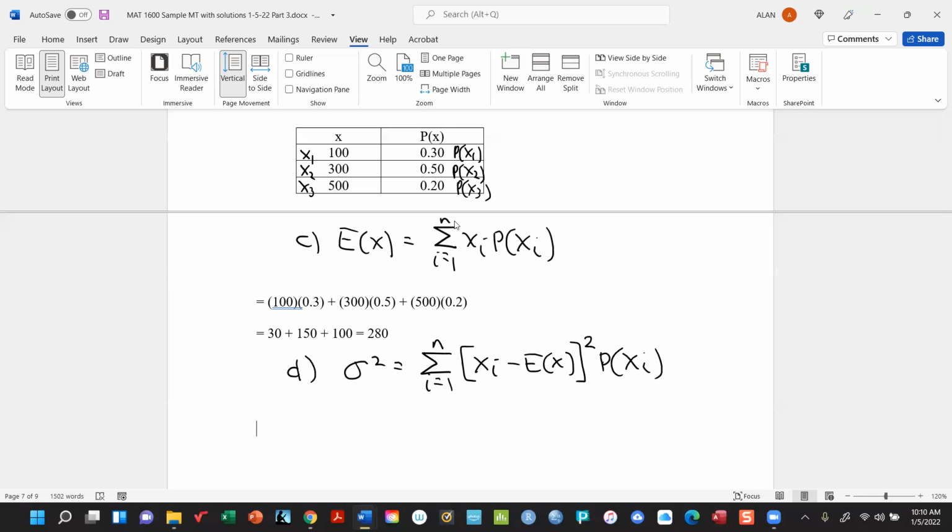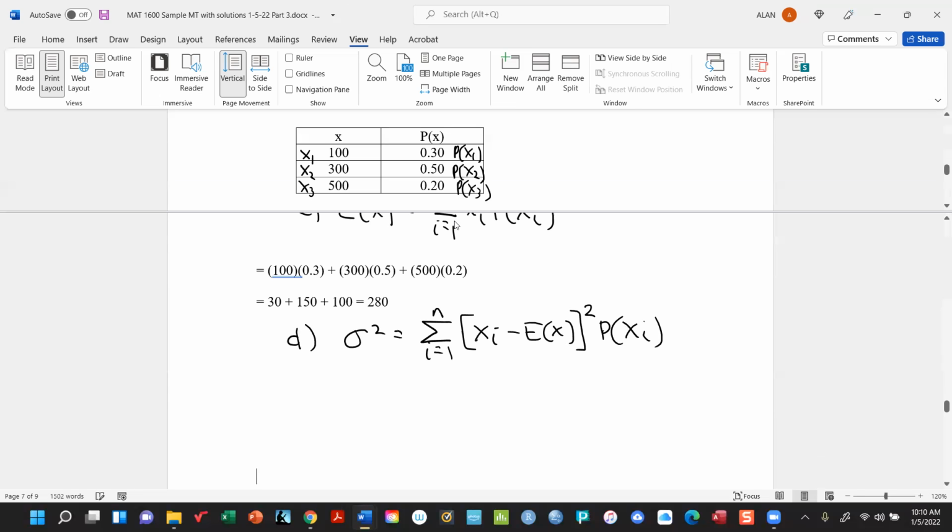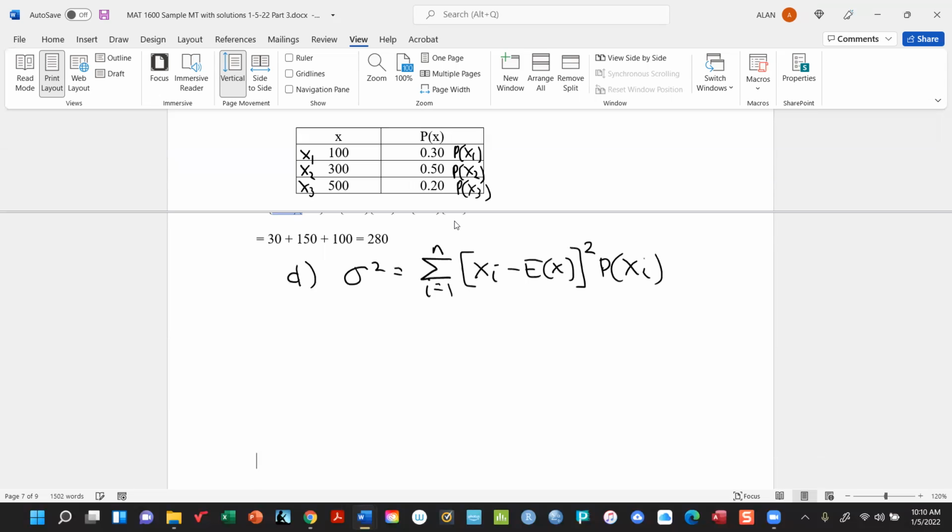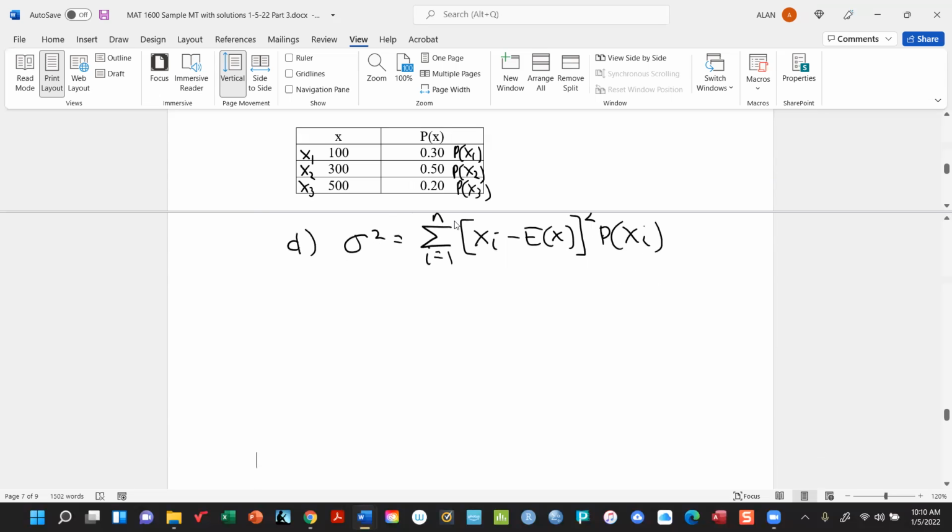Okay, so it's very much like the sample or especially the population variance, although the key difference is that here you have probabilities, which was not the case when we're dealing with samples and populations.